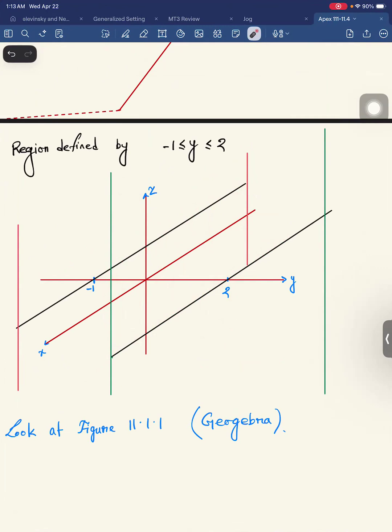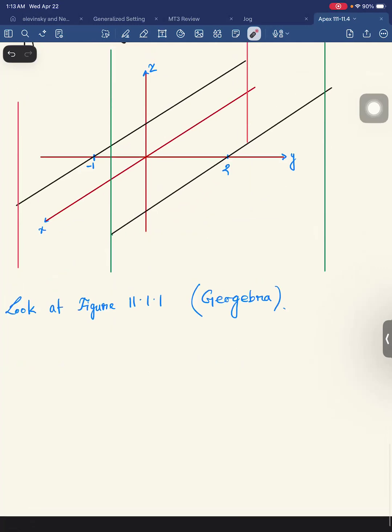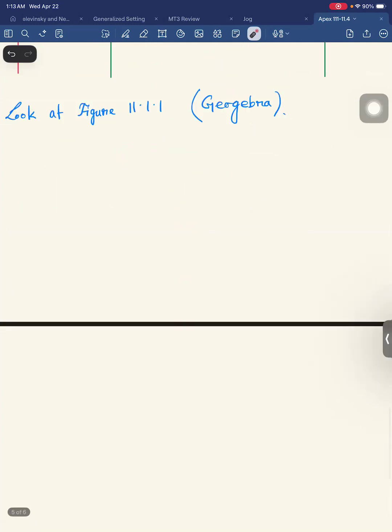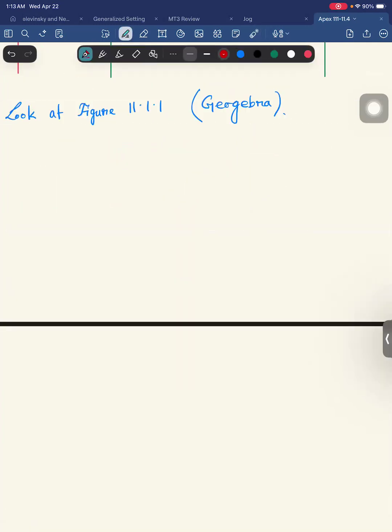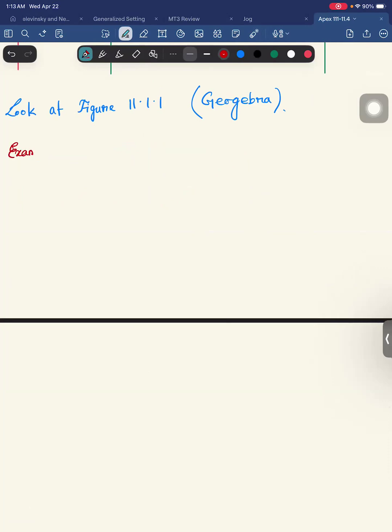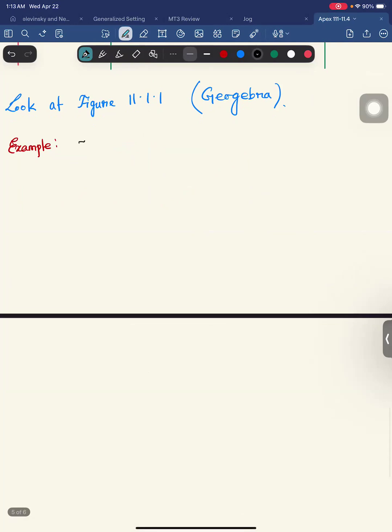Okay. But anyway, let me give you a very easy example of a plane. For example, one more example of a plane. Just consider this equation, z equals 2. What figure does it depict?